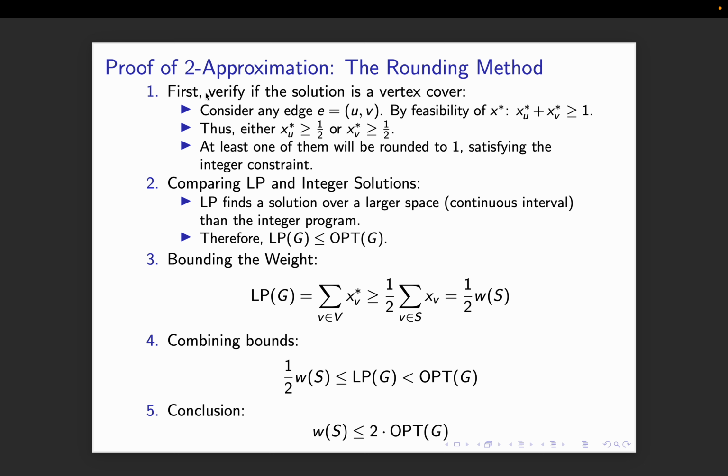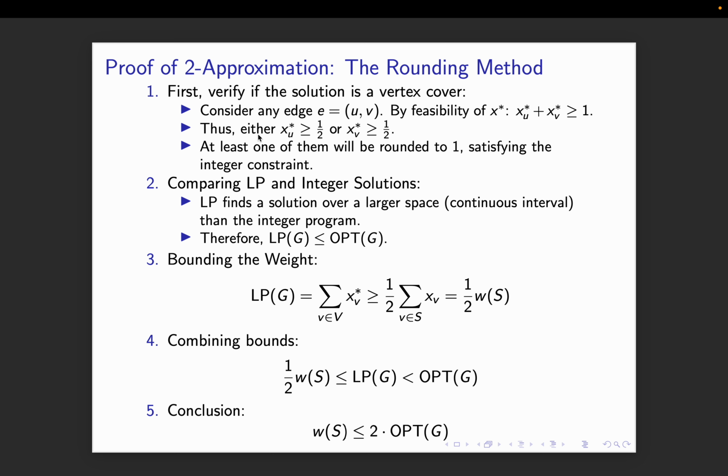So let's first verify that this rounding is at least a vertex cover. The only thing we need to do to verify is to see if it satisfies all the constraints, right? So consider an edge e, uv. By feasibility of x star, it's feasible because it was returned as a solution by the linear program, by an optimization method, whatever. For every edge uv, xu star plus xv star must be greater than or equal to 1, because that's the constraint that we enforced.